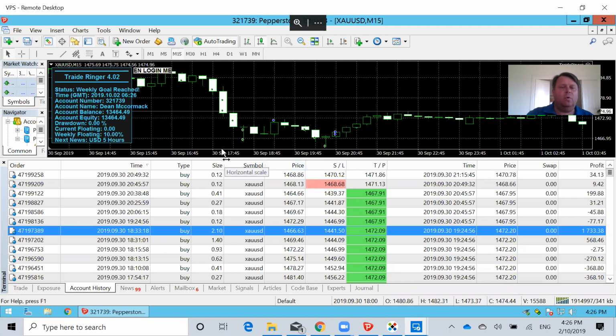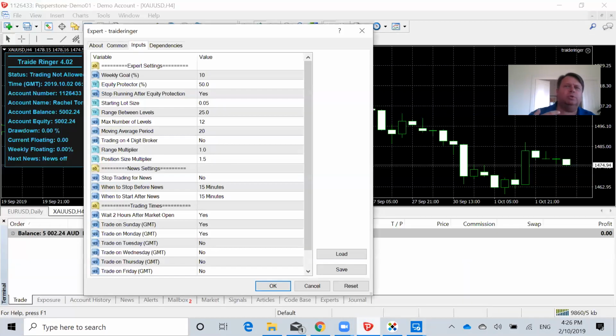You can actually have it widening, so it goes 25, 28, 32, 39, 45, and it increases in size each time. Again, it's an option. It helps to reduce the amount of times that you have different levels opening. For me, I haven't found any issues with the range multiplier set at 1. I don't mind, so I leave it set to 1.